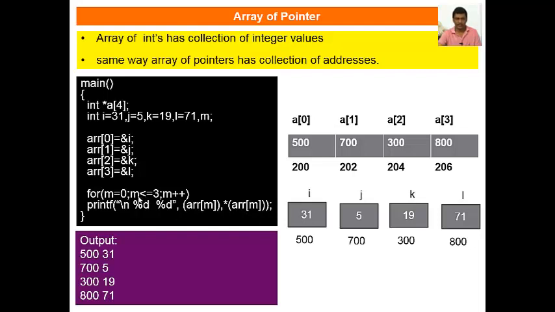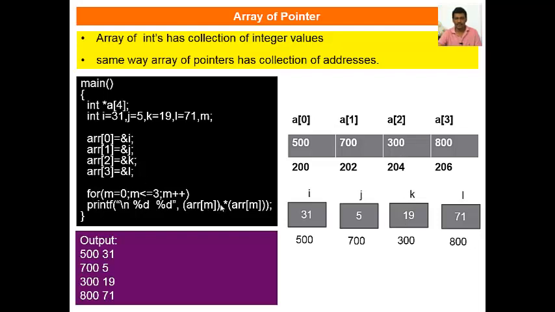The loop continues. The value of m is increased by 1; the new value is 1. What is ar[1]? 700. *ar[1] is the value at 700, which is 5. Then m is 2: ar[2] is 300, the value at 300 is 19.